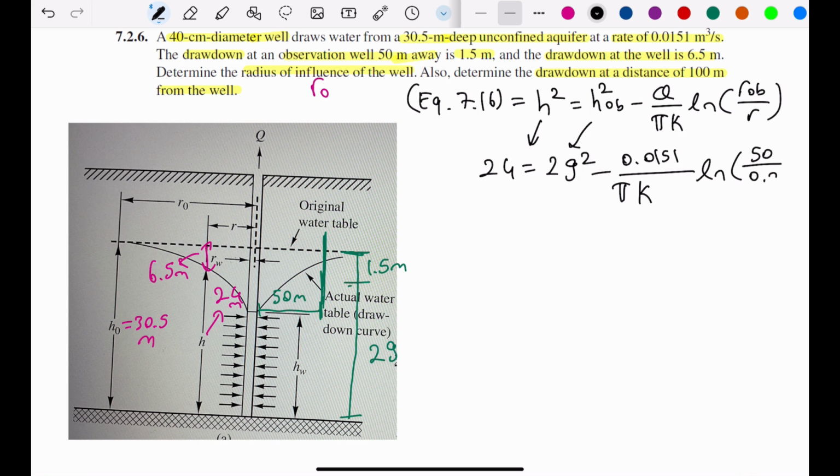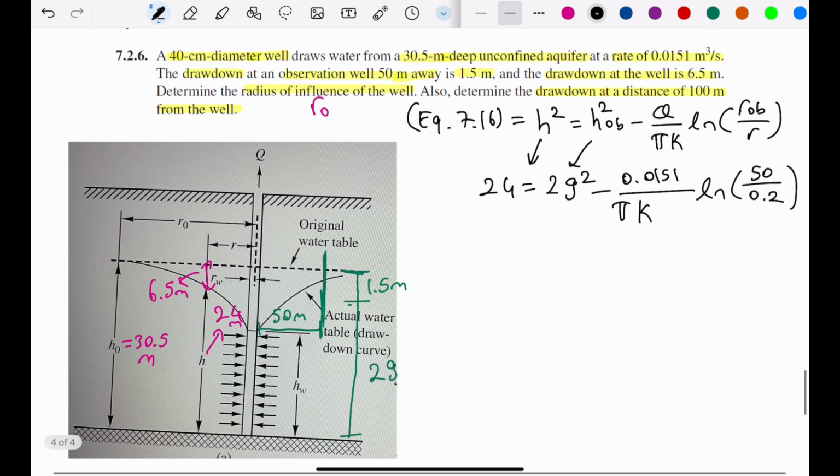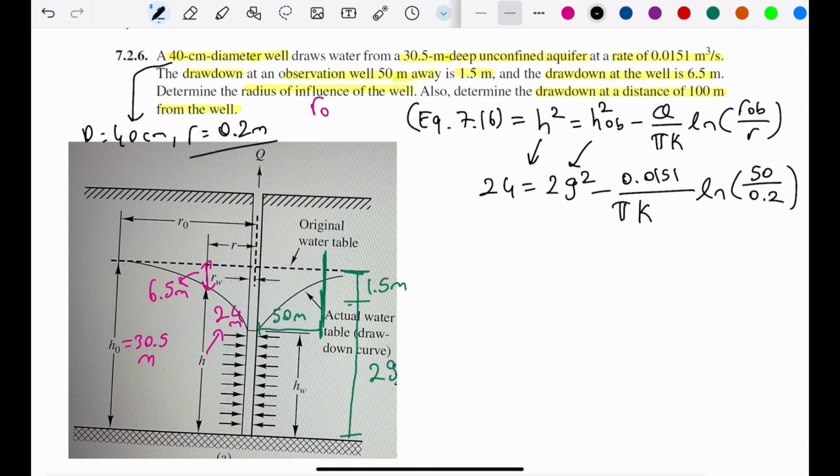And we have 0.2, which is coming from here, 40 centimeters diameter. So the radius is 0.2 meters. So the only unknown here is K. So we can calculate it as 0.0001 meter per second. And here K is permeability. And you can find the table in your textbook.